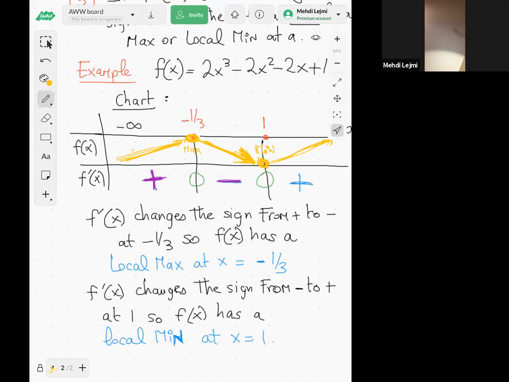And of course, if your derivative doesn't change the sign, then your a is neither a local maximum nor a local minimum. Okay.